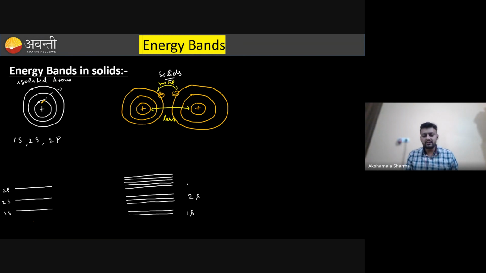This is for 2p. What are these lines representing? These lines are representing the energy levels of electrons in a particular shell. Clear?